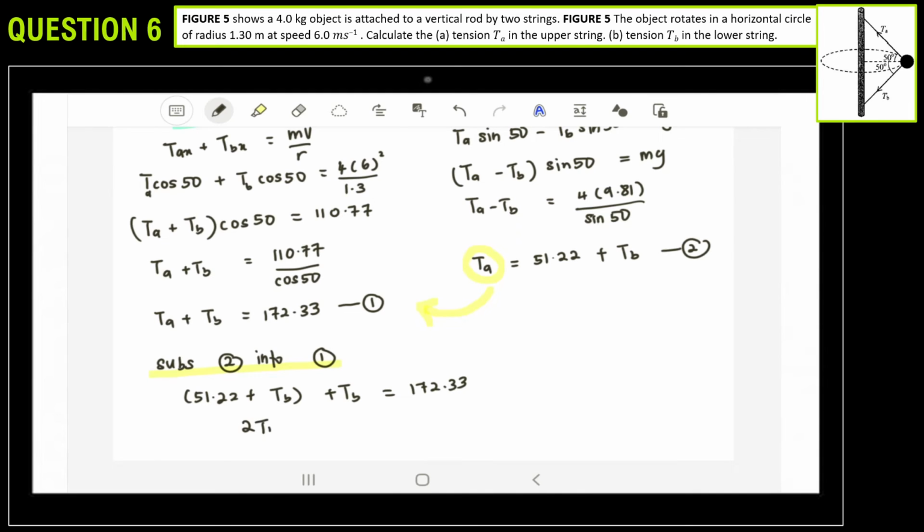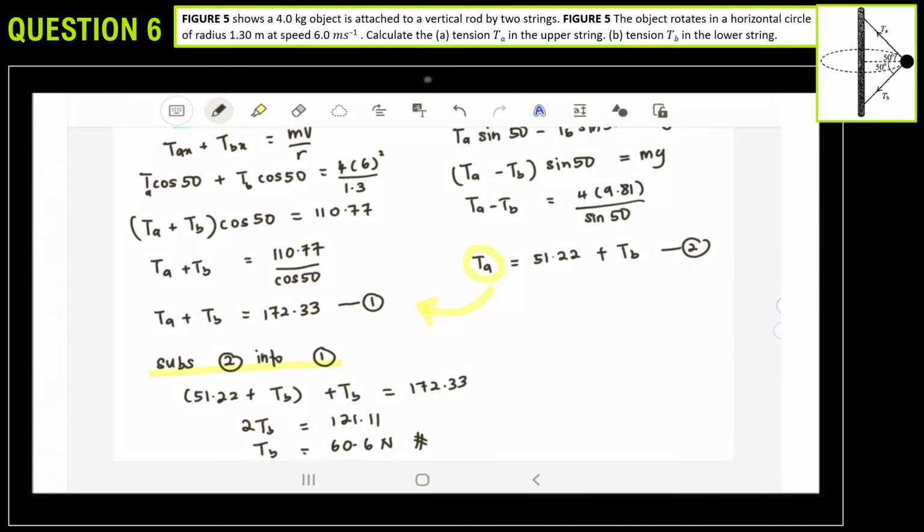Therefore 2TB is equal to 172.33 minus 51.22, so you will have 121.11. Therefore, TB is equal to 60.6 Newton.